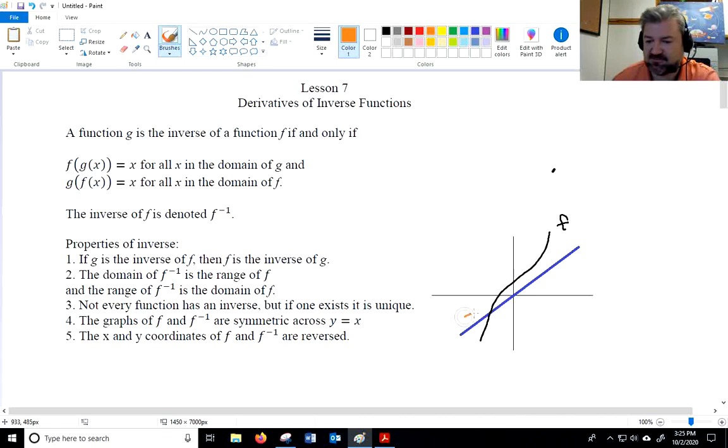Then there are going to be reflections across the line y equals x. So, hopefully close enough that you can get the idea that those would be inverses if they were reflections across the line y equals x. And that reflection occurs because we're swapping the values of y and x.